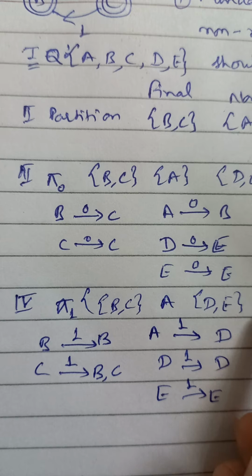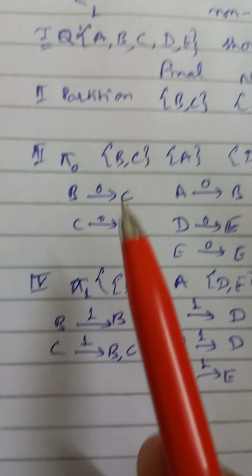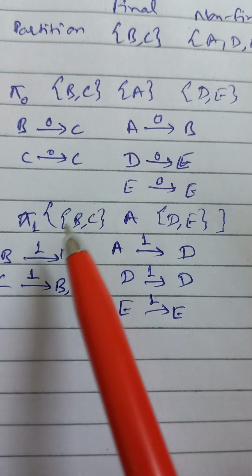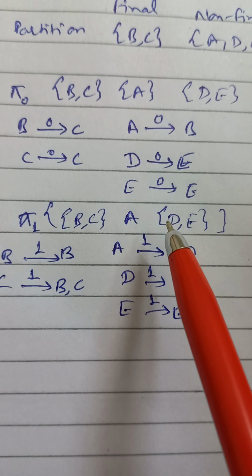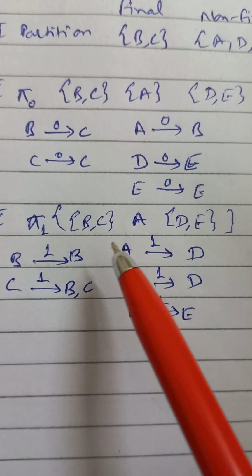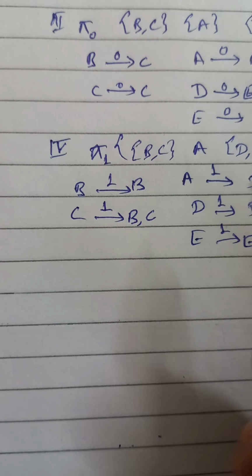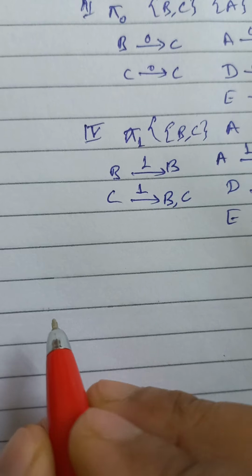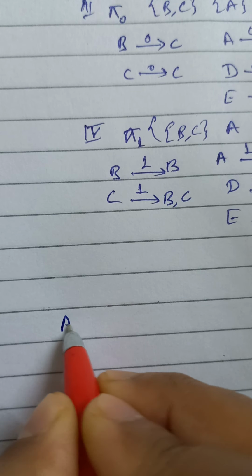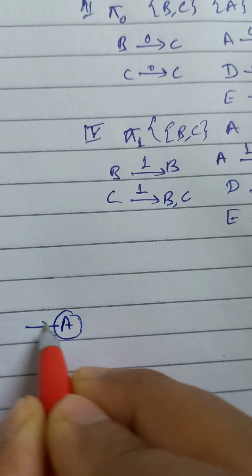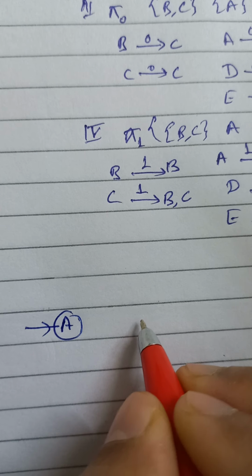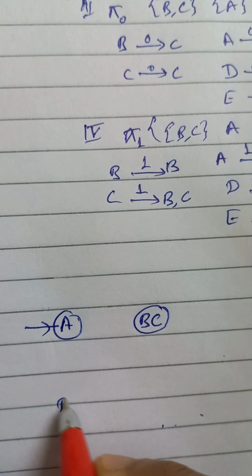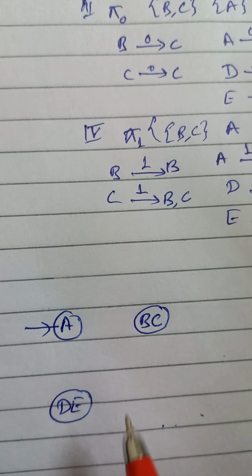So after both the transitions 0 and 1, we find that the states are divided into these groups. Finally we can combine them into single states and write them like this: A, BC, and DE.